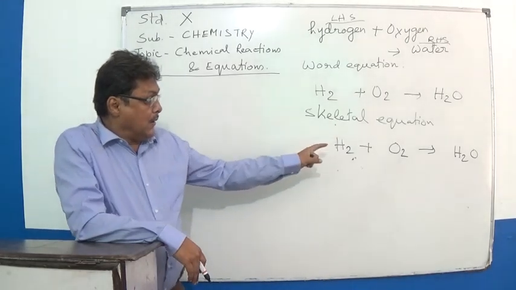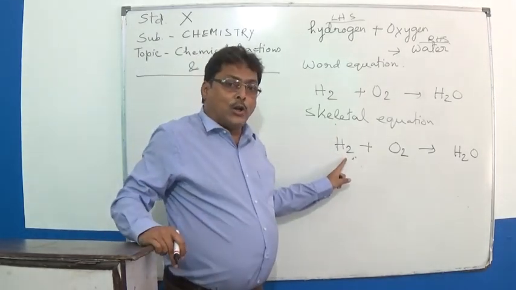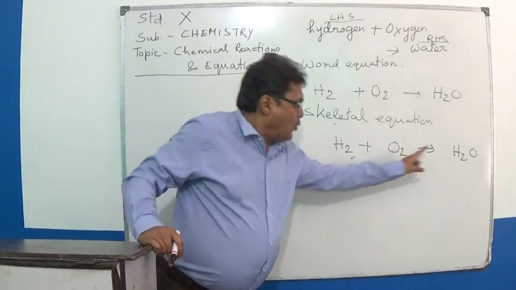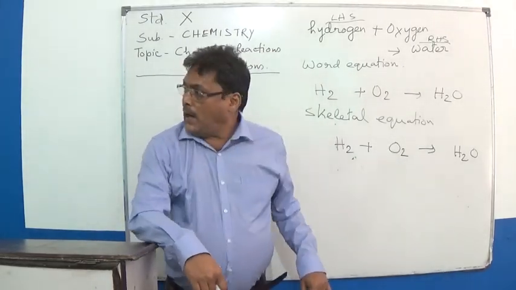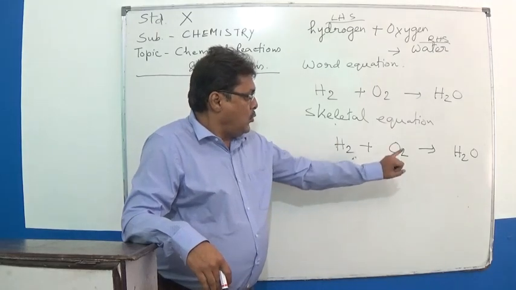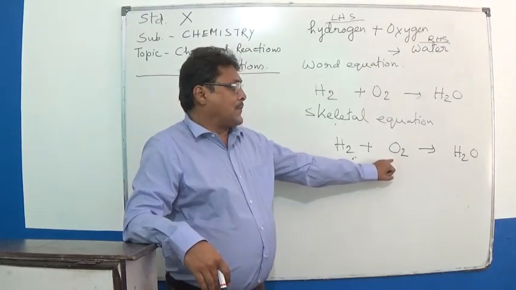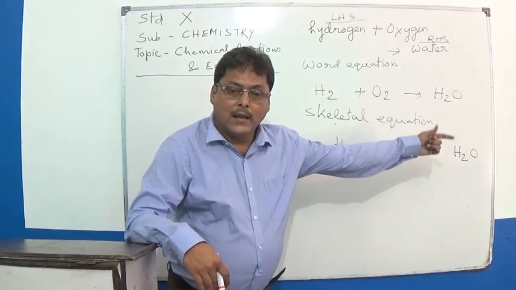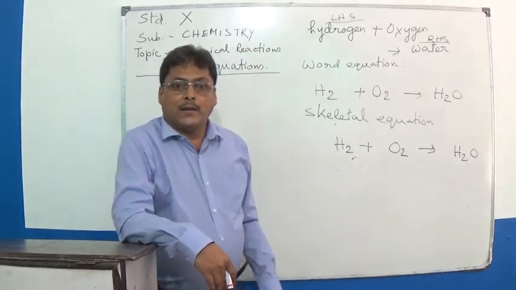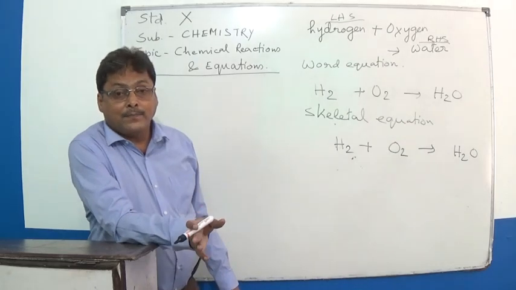Now, there are two atoms of hydrogen on the left hand side, two atoms of hydrogen on the right hand side, that's okay. But how come two atoms of oxygen on the left hand side, one atom is left on the product side? This cannot happen.